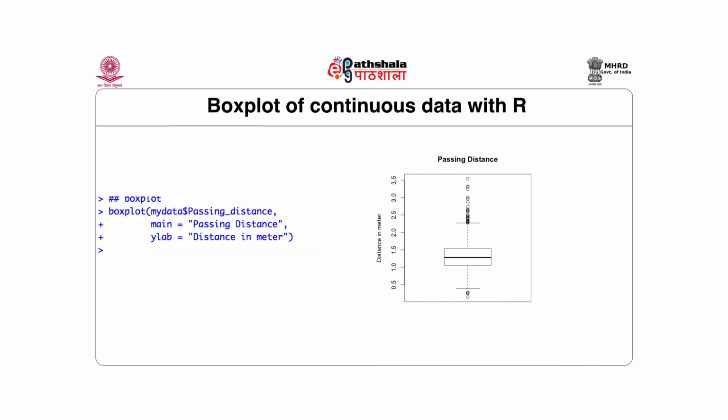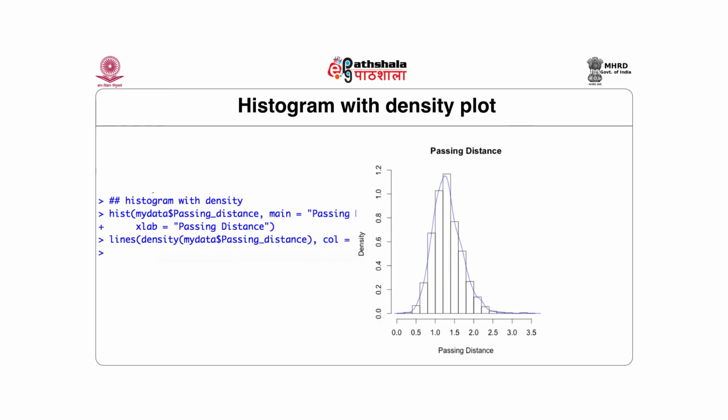Beyond this, for a variable to be put to good use, you'd like to see a histogram with a density plot, also known as a probability density plot, which is next. A histogram with a probability density plot is requested by using the hist function, opening and closing a pair of brackets and putting in the name of the variable.